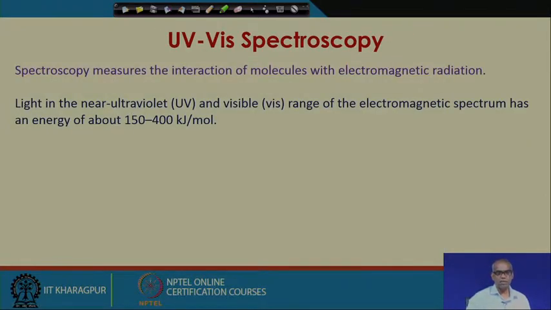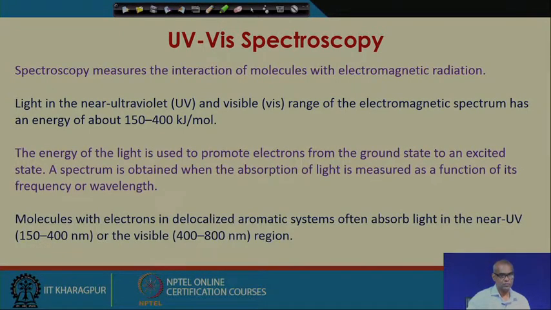Spectroscopy measures the interaction of molecules with electromagnetic radiation. Light in the near ultraviolet and visible range of the electromagnetic spectrum has an energy of about 150 to 400 kilojoule per mole. The energy of the light is used to promote electrons from the ground state to an excited state.